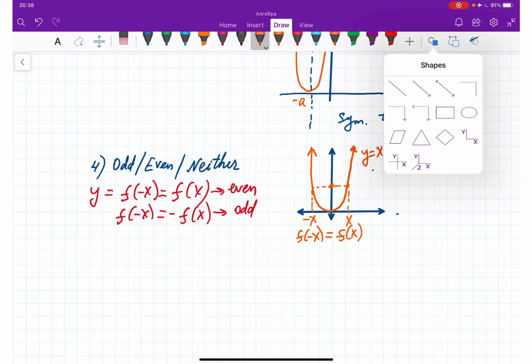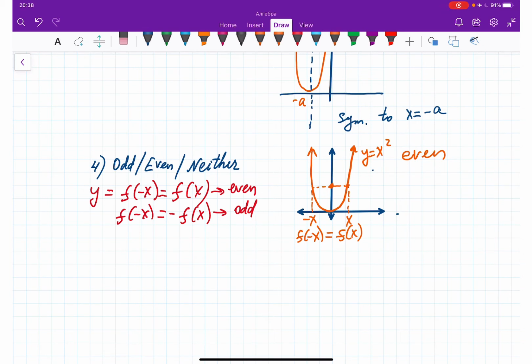What will happen if I shift it? If I shift it to the right this time, this function, shifted by positive a, will stop being an even function.